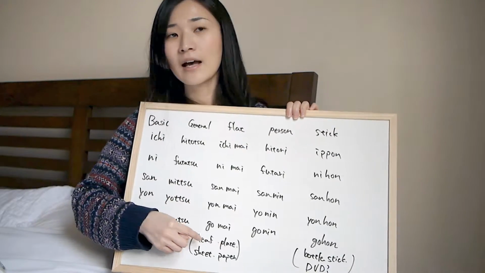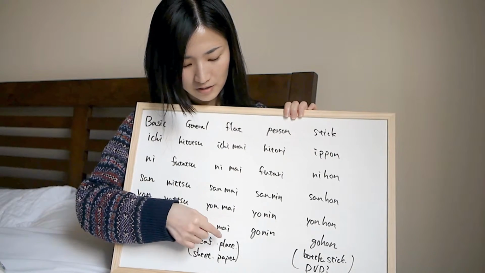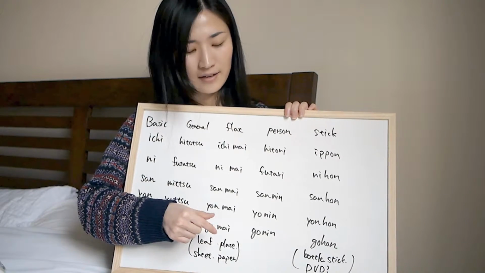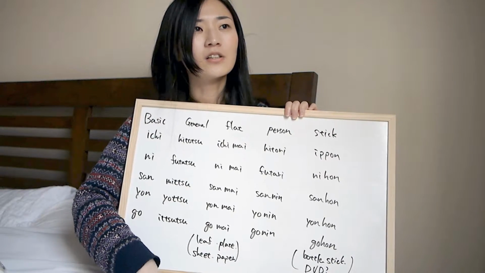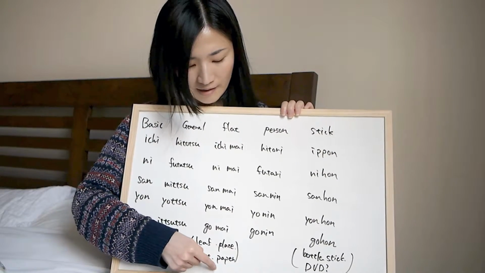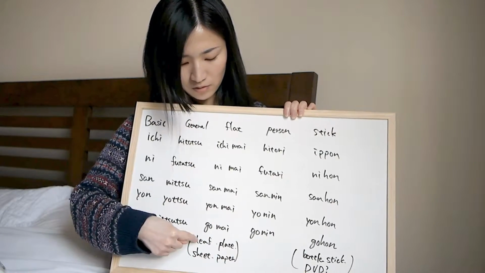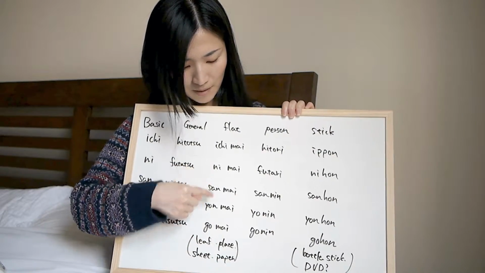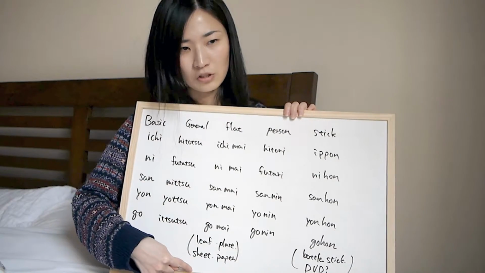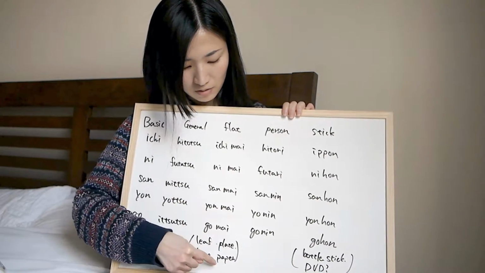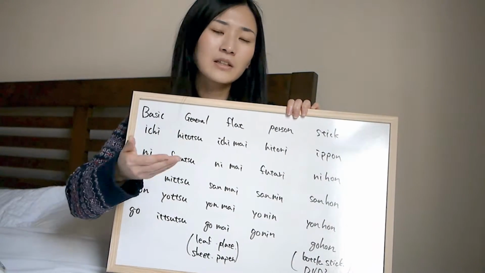Leaf is Happa, plate like dishes is Osara, sheet like the bed sheet is Shi-tsu, and paper is Kami. So 1枚の葉っぱ、2枚のお皿、3枚のシーツ、4枚の紙. But as you see, the nouns don't change.